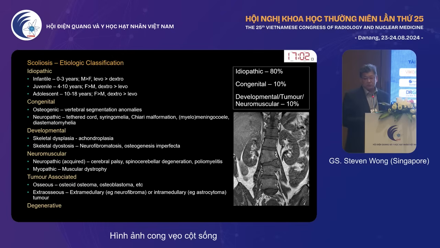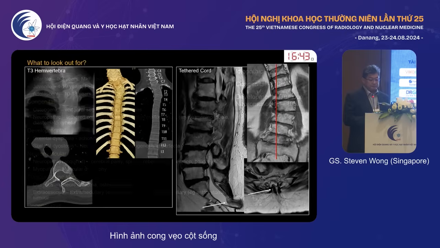As a result of tumor or infection, you end up with scoliosis because of destruction of the vertebral body. By and large, idiopathic causes are 80%, congenital causes 10%, and you do need to look out for patients with segmentation errors within the spine.